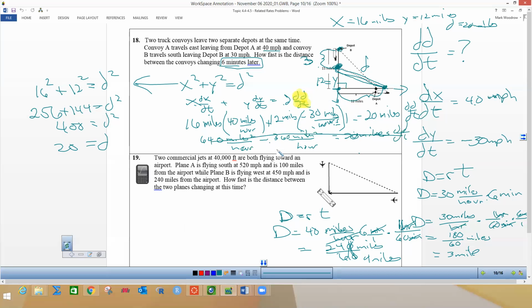So then I'd go ahead and subtract those two. So 640 minus 360 is what, 280? We got 280 miles squared per hour equals 20 miles dt. So you're going to divide by 20 miles. Or you're multiplying by 1/20th miles.